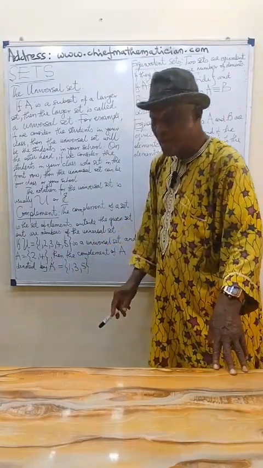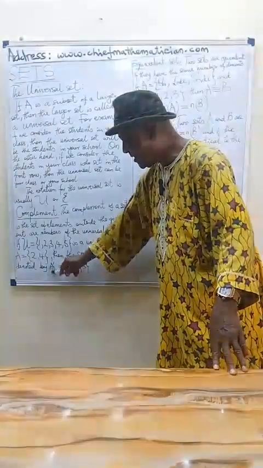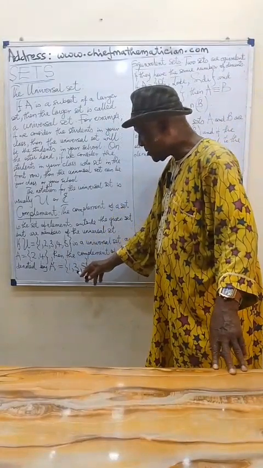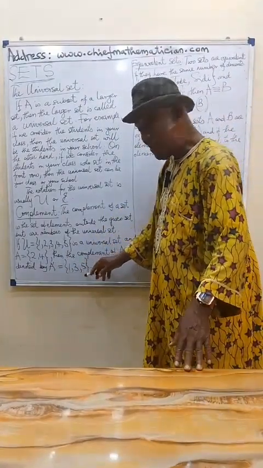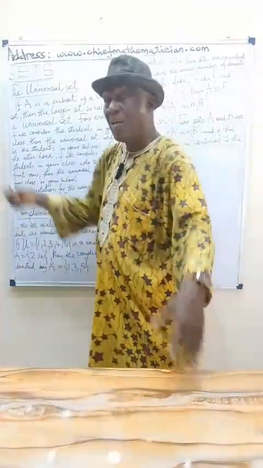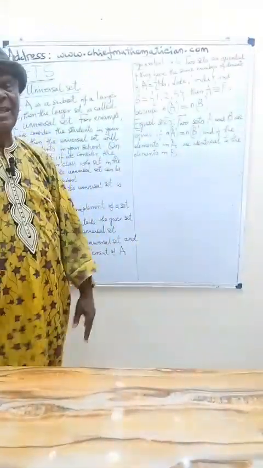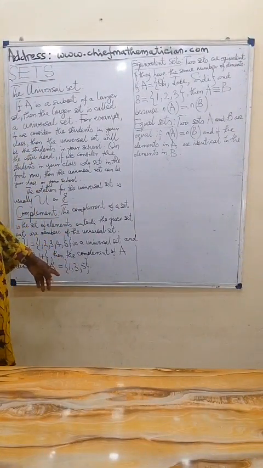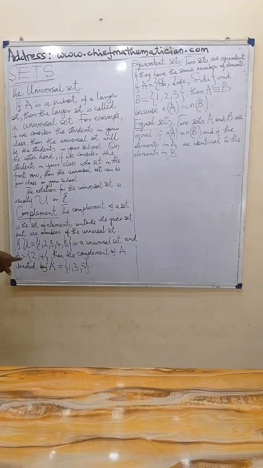It is equal to {1, 3, 5}. These are elements that are outside the set A, but they are within the universal set U.